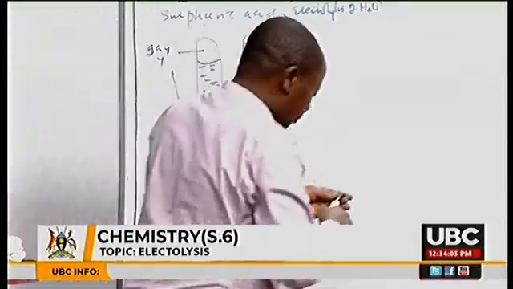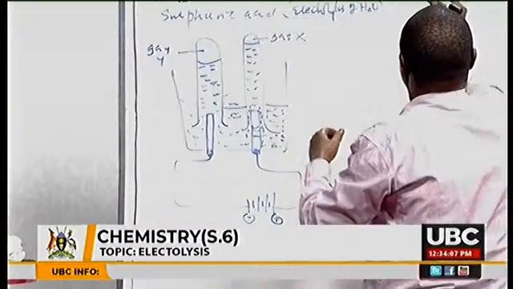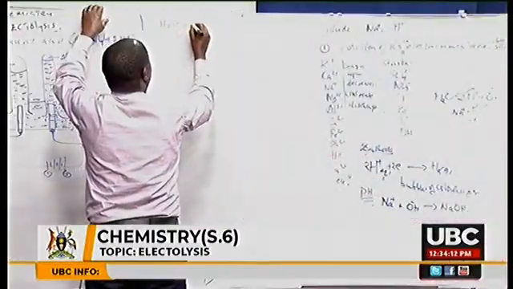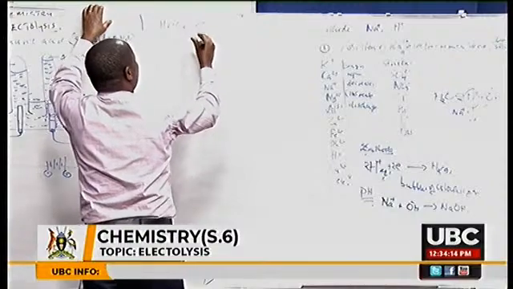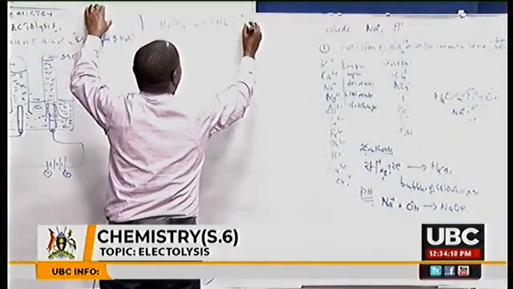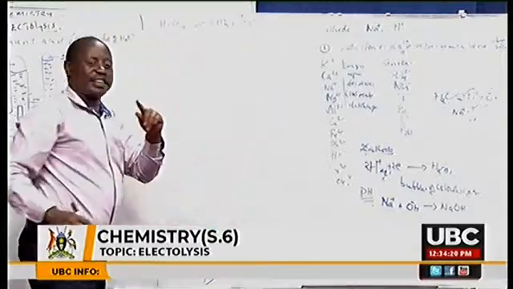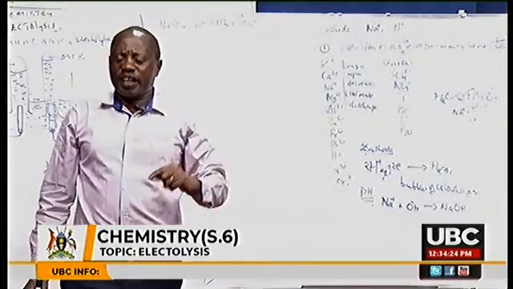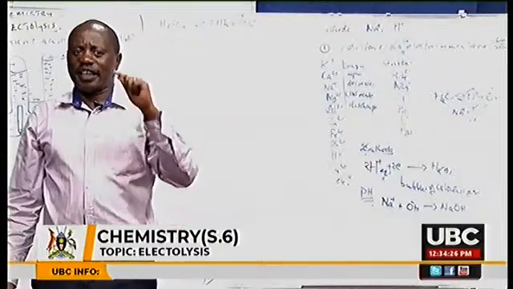Hope you still remember. Now, sulfuric acid is a strong electrolyte. It will completely ionize to form two hydrogen ions plus sulfate. Sulfuric acid, by the way, is also a covalent electrolyte.